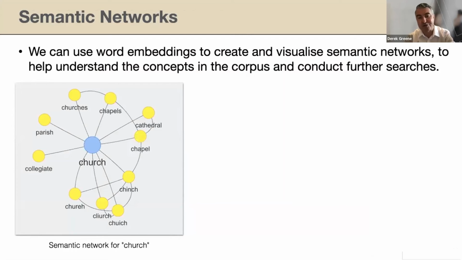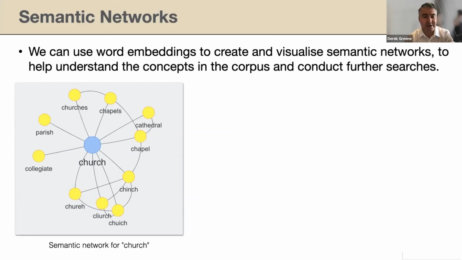Finally, another approach that we've developed, allowing you to explore certain aspects of the corpus, is through the use of what we call semantic networks. So again, what we're doing is we're using these word embeddings to help us understand the concepts that are present in books in the British Library corpus, and we can also visualize these concepts using a visualization like the one that I show on the slide here.